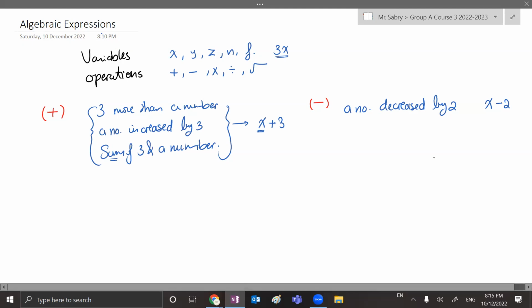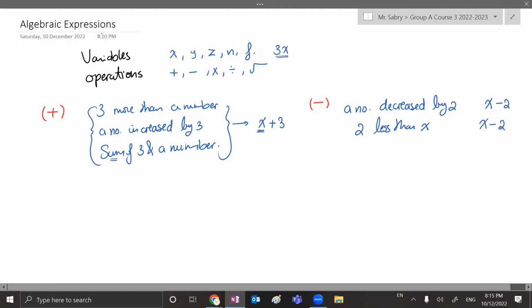So you start with the x first, then minus the 2. Or if I say 2 less than x, what does that mean? It still means the same thing. X goes first and then minus 2.